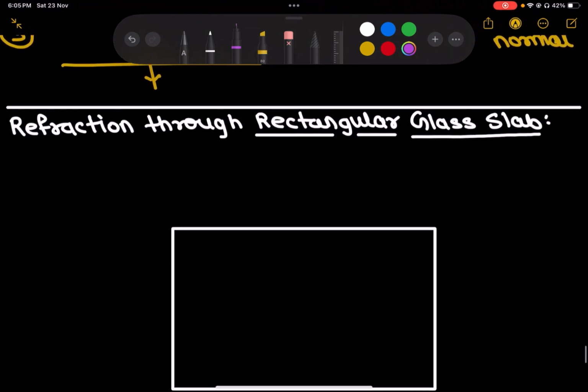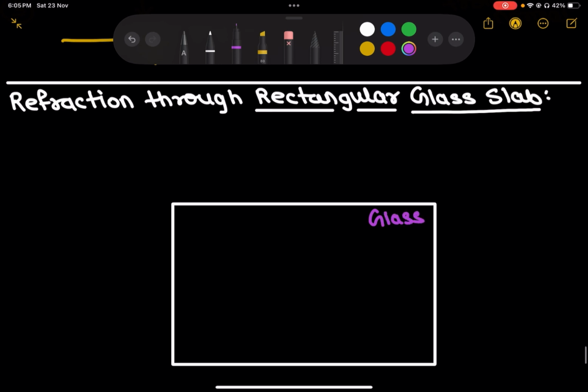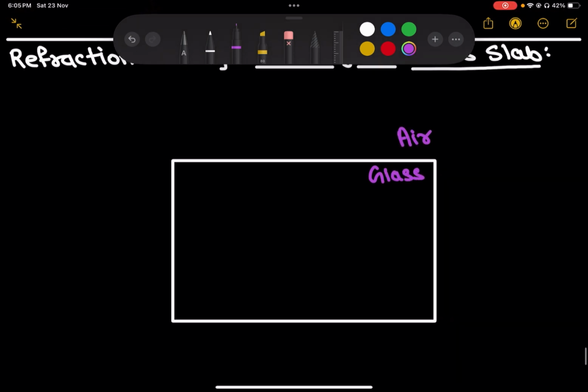Now moving on. Now this will be very simple for you to understand. Refraction through a rectangular glass slab. So this material is glass, outside it is air, here also it is air. First of all, a light ray enters, strikes on the interface like this.